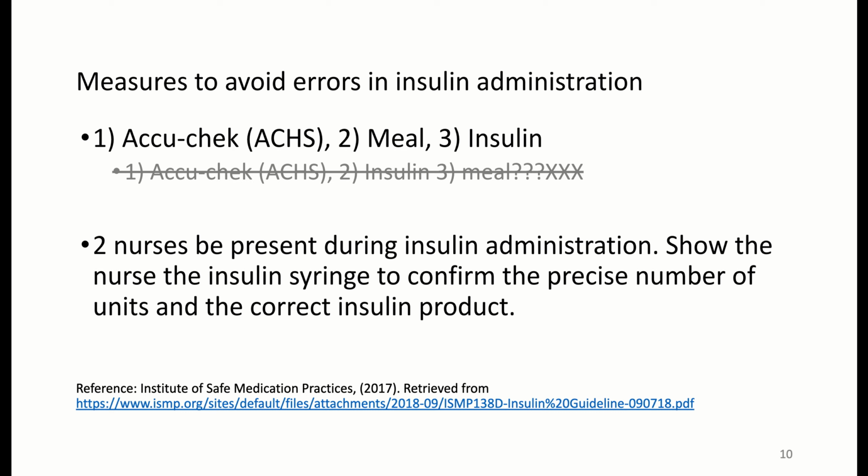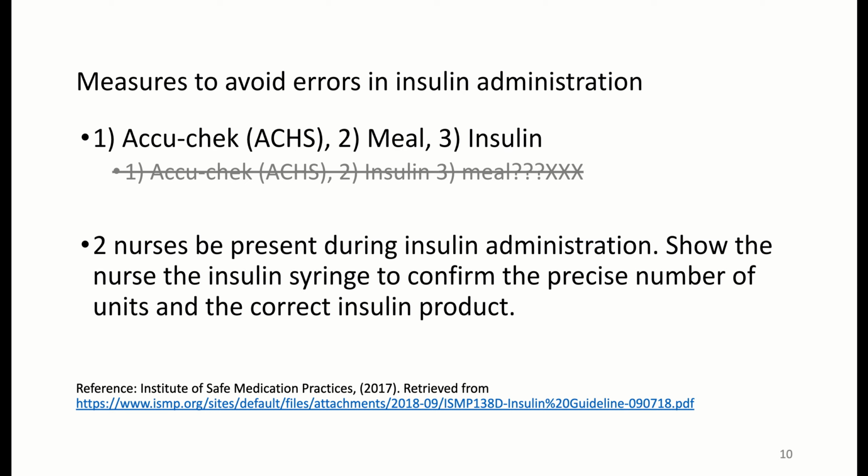So, what do we mean when we say insulin administration that is not well coordinated with meals? You know that you're supposed to do an AccuCheck before meals. The question now is the sequence: AccuCheck first, meal second, and insulin last?